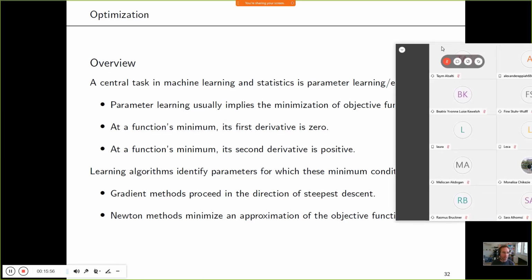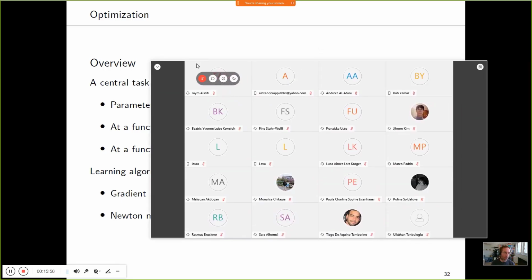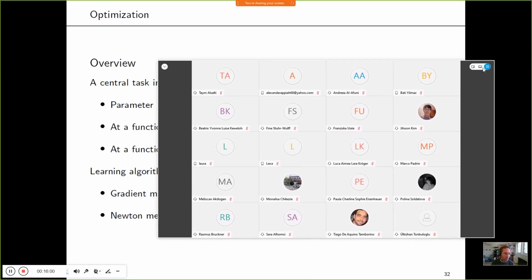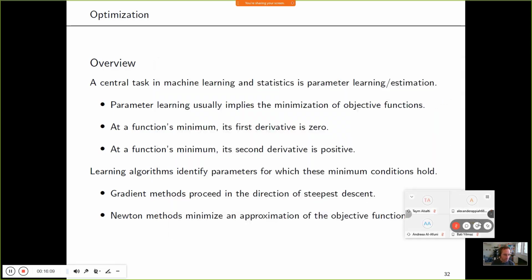So the motivation for minimization, or the basic idea of optimization? I don't want this, sorry. I want this list. Do I get the list? Any questions at this point? No questions.